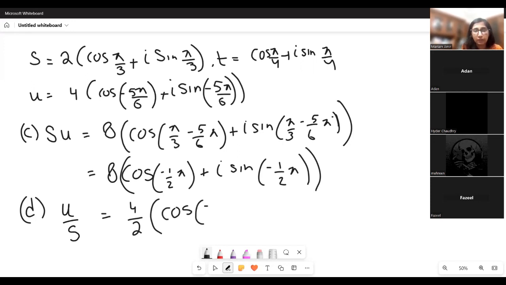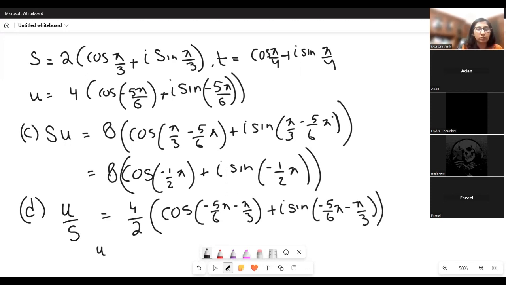Theta for U is minus 5 by 6 pi minus pi upon 3, plus iota sine minus 5 by 6 pi minus pi by 3. So we have 2, and then minus 5 by 6 minus 1 by 3 is minus 7 over 6.